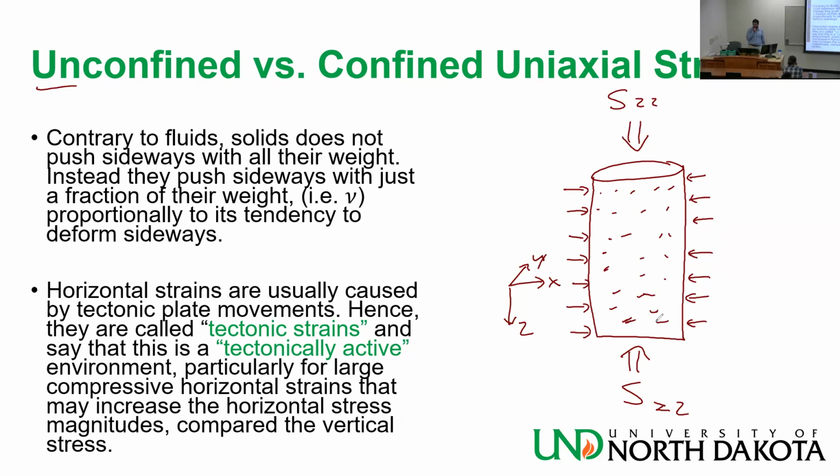So I have a stress, I have SXX and SYY, and both of them are equal. Yeah, all of them are equal on the side. And then I measure how much SZZ I can apply to get this strain, etc. That would be confined uniaxial strain, right?